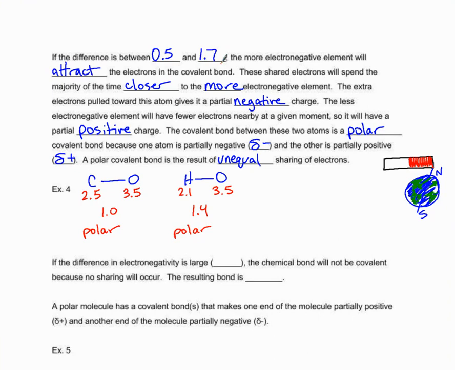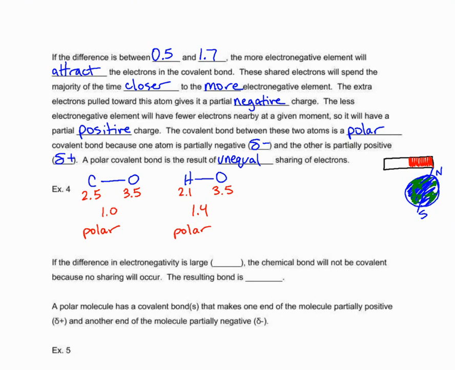And this particular covalent bond is important because water is made of two of these bonds, and water is highly polar. It explains a lot of the unique behaviors that water has within the chemical world.